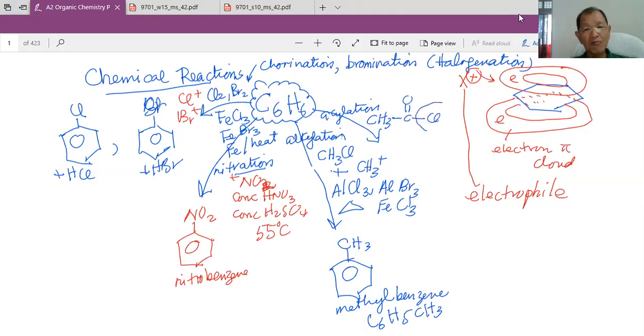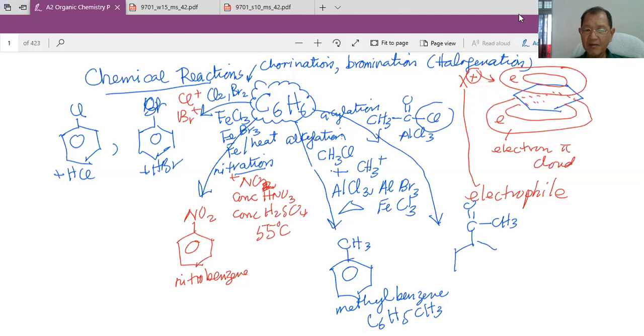The chlorine must come out. So again, I have to carry it out. I use FeCl3 or AlCl3. It's very active. So this whole thing will come out, and you get what you call a ketone. Don't worry about it. Double bond here, and the CH3 here.